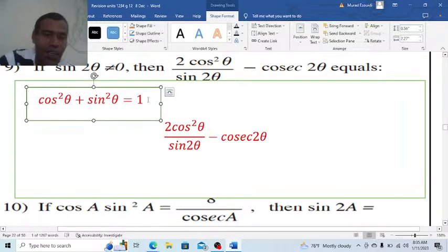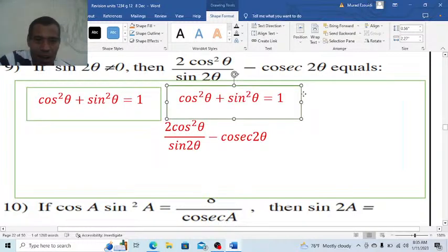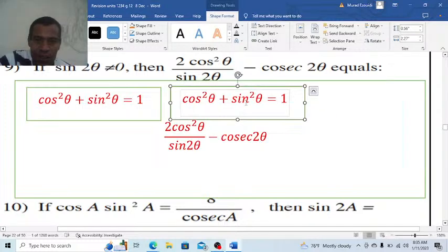Okay, and we have another thing that you should know about, which is the double angle of sine.